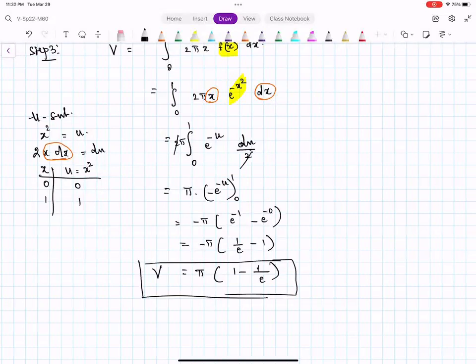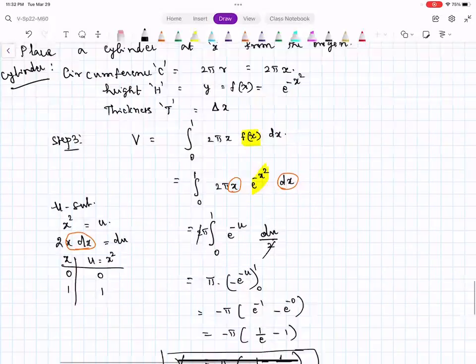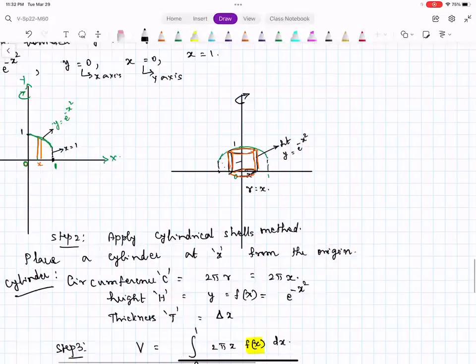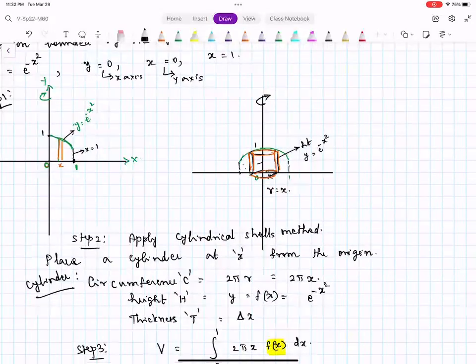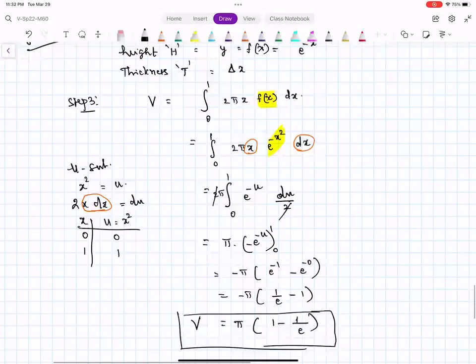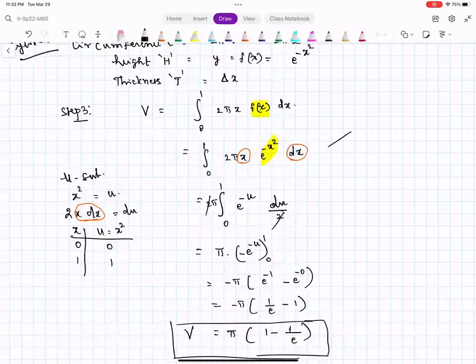So I want you to observe a couple of things here. When we do the cylindrical shell method, when the region is rotated about the y-axis, you notice that the integrand turns out to be a function of x.